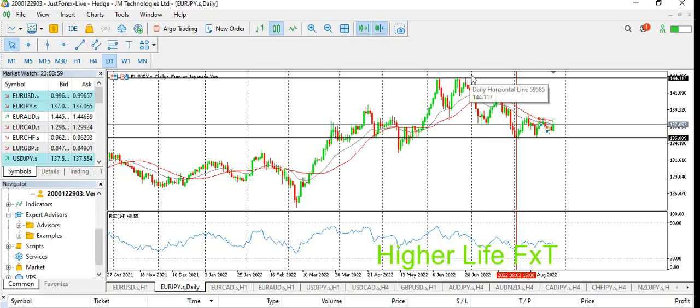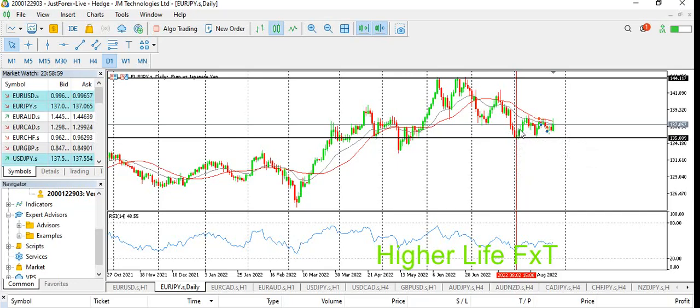But when price is on a downtrend, moving down, and comes to an area where it cannot break or pass through, we call that area a support. As you can see in this area here, price was coming down and could not break past this level.